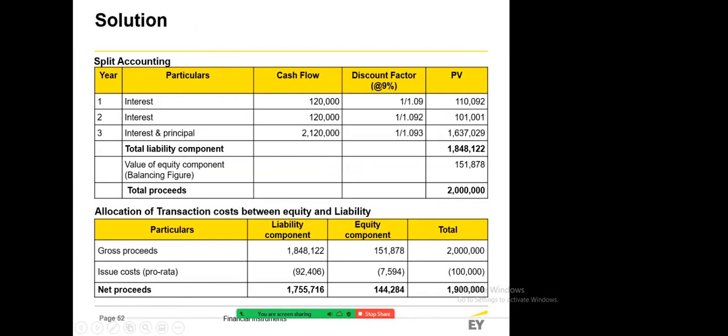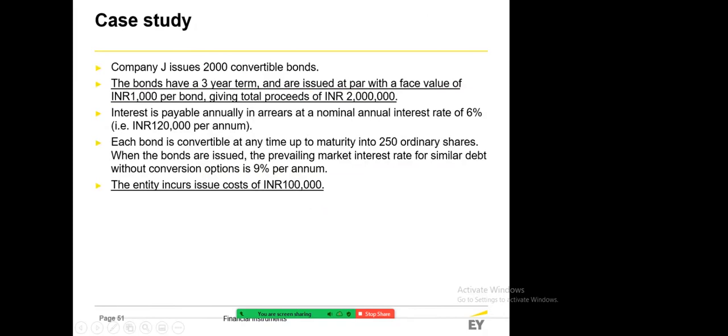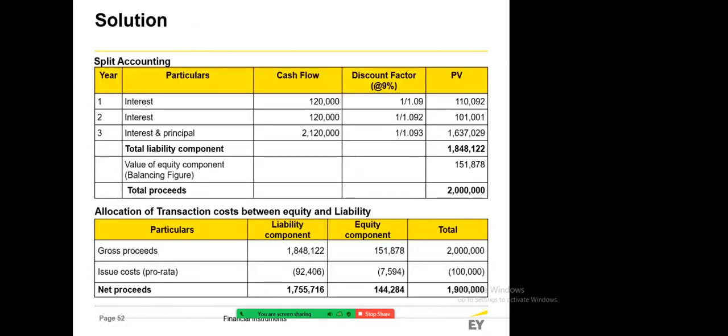Now, allocation of transaction cost between equity and liability. We have the values with us, so we simply have to allocate the transaction cost. The transaction cost is 1 lakh rupees. We will allocate this transaction cost in the ratio of 1,848 and 1,518.